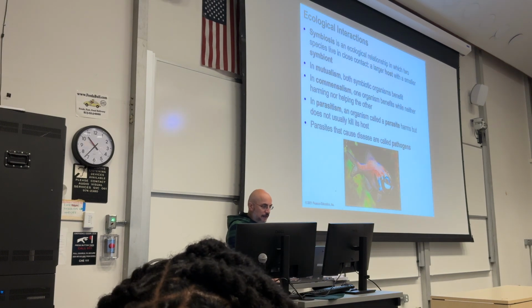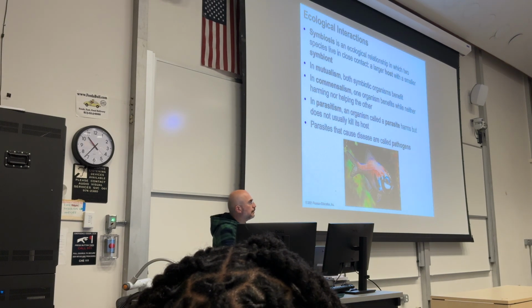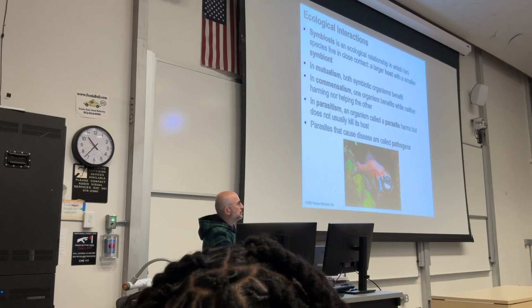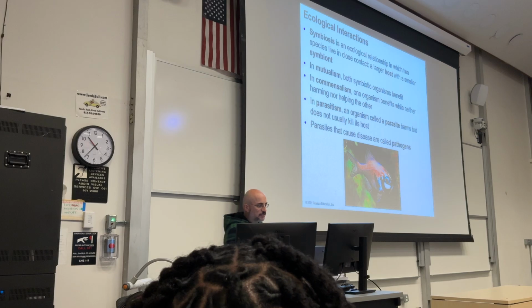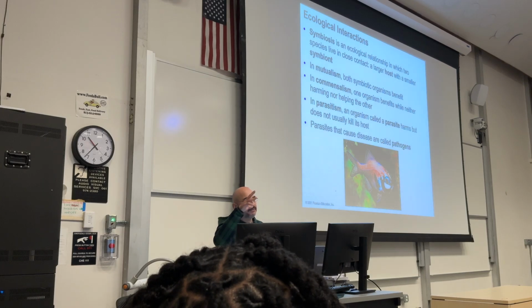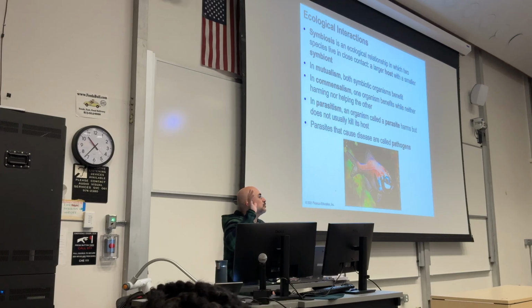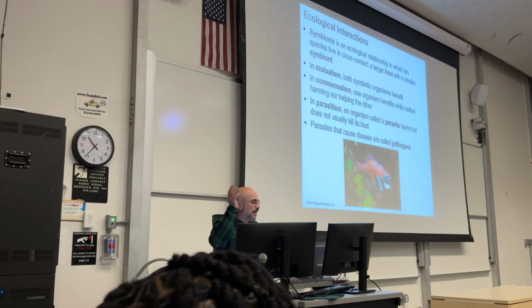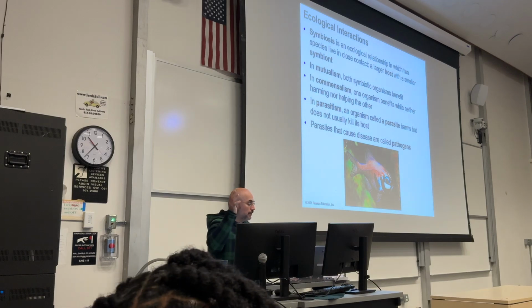No? Just a brief thing about ecological interactions, which is important. Ecological interactions are under the umbrella term of symbiosis, okay? When you hear symbiosis, it refers to some type of ecological interaction. Now, of course, ecological interactions come in different flavors.